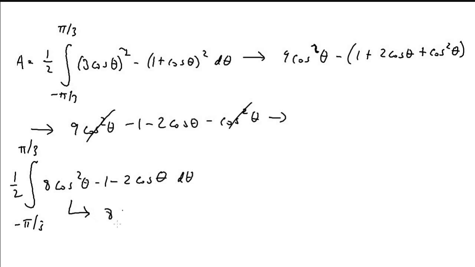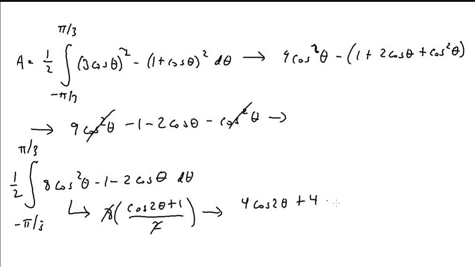Cosine squared is equal to cosine of 2 theta plus 1 over 2. 8 over 2 is 4, and if I distribute the 4, we'll get 4 cosine of 2 theta plus 4. If I add the other terms, we'll get minus 1 and minus 2 cosine theta, and 4 minus 1 is 3. So our integral will look like 4 cosine 2 theta plus 3 minus 2 cosine of theta.